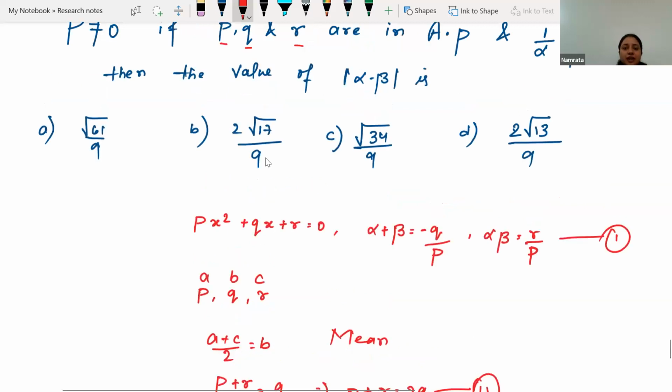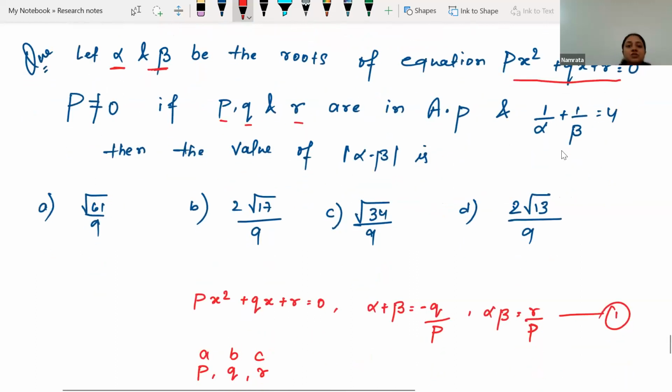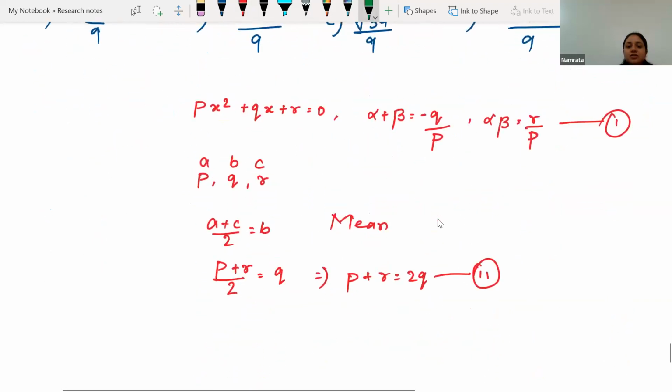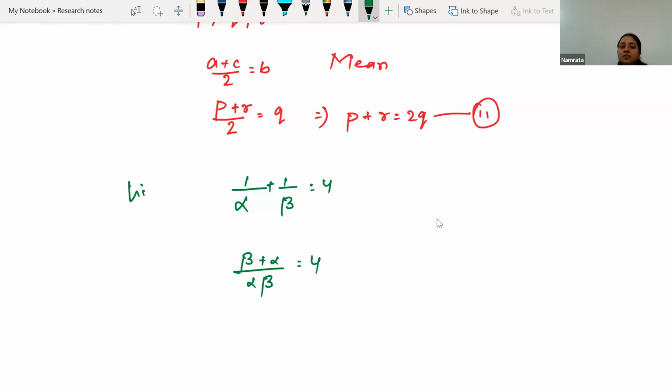Now what we have to find here? We also have one relation given over here. Let's take that condition that 1 by alpha plus 1 by beta is given as 4. So can I say it will be beta plus alpha by alpha beta is equals to 4? Can we simplify it?